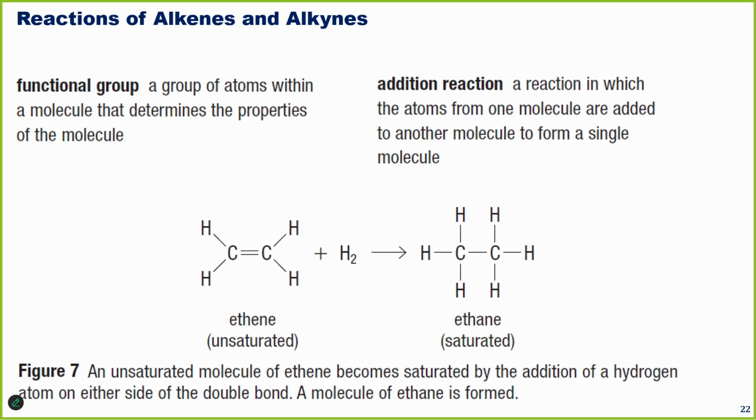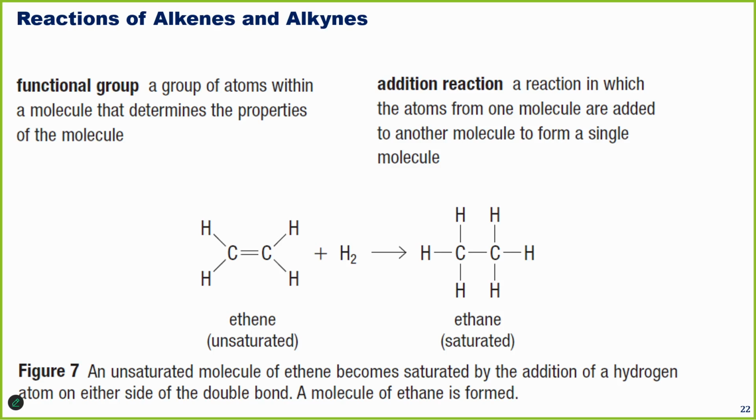One common type of reaction that alkenes and alkynes undergo is an addition reaction. In an addition reaction, two molecules react to form one. The multiple bonds in alkenes and alkynes enable the organic molecules to react with hydrogen. The addition of hydrogen is a type of addition reaction known as hydrogenation and results in the hydrocarbon becoming saturated.